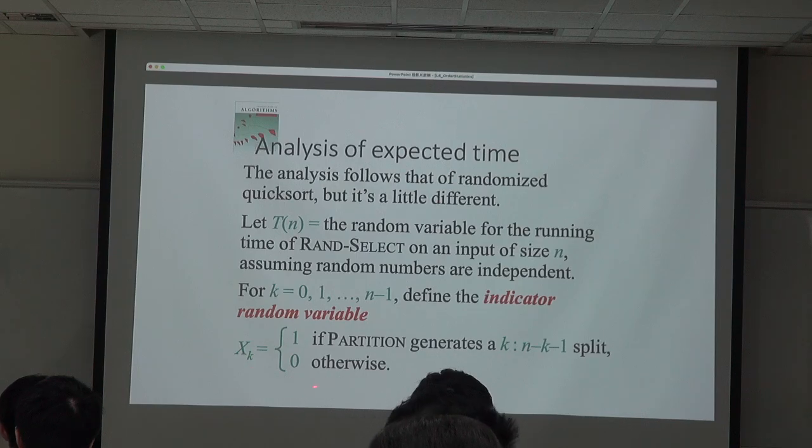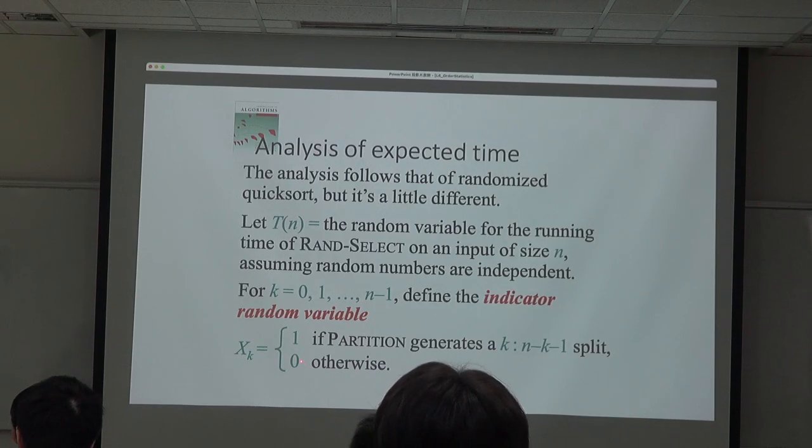Otherwise, it's 0. What does that mean? Your random partition always generates a partition, that's for sure, but the split is not k to n minus k minus 1. In that case, Xk is 0.